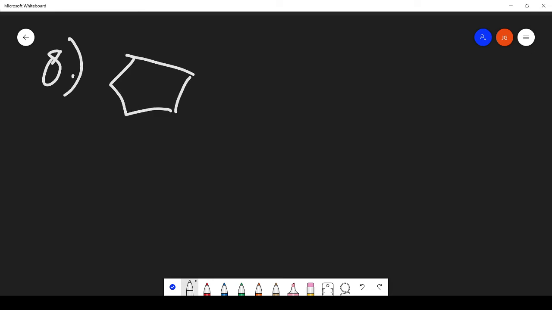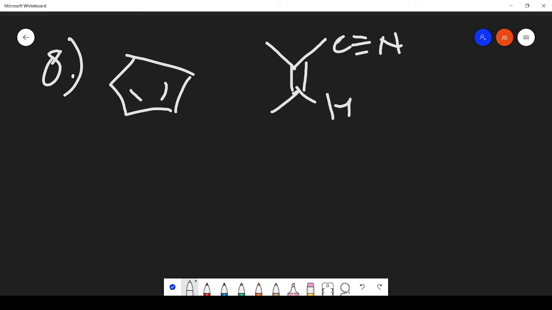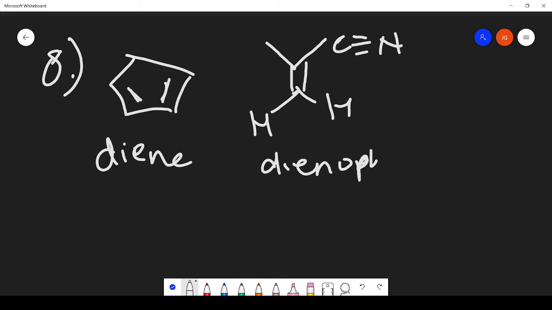Okay, this one, I'm going to tell you right off the bat, this is a Diels-Alder reaction. This is straight up pure Diels-Alder in its rawest form. Now, very clearly, this is our diene. We have a conjugated system. This is our dienophile.